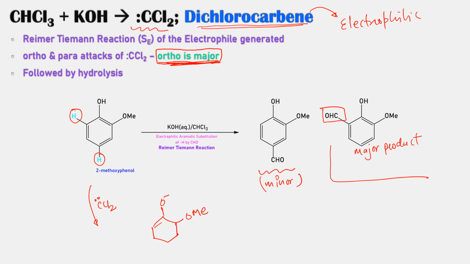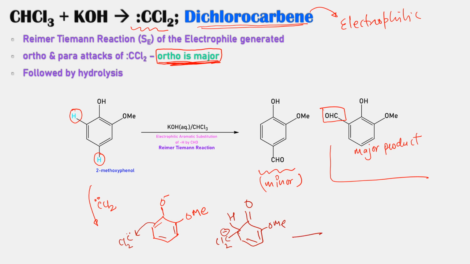So when this bond attacks the dichlorocarbene, CCl2, we get a structure which looks like this: double bond O, there is a hydrogen, and there is a carbon having two chlorines, but this chlorine gets a negative charge, and then OMe here.